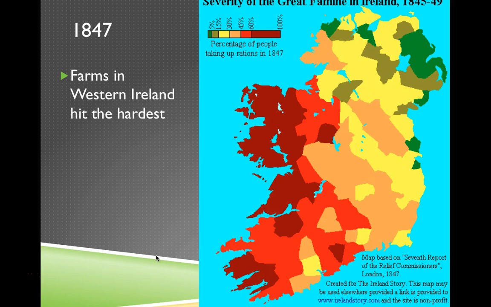In other parts of Ireland, they had totally different sources of agriculture, and they weren't affected at all, since often they were using grains as their sources of food and their sources of crops that they could use to pay rent or to sell and then get some money to buy things.